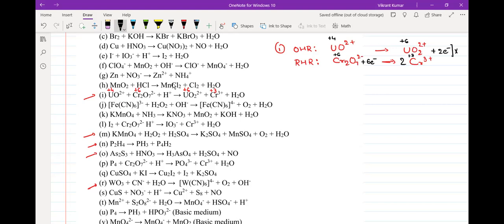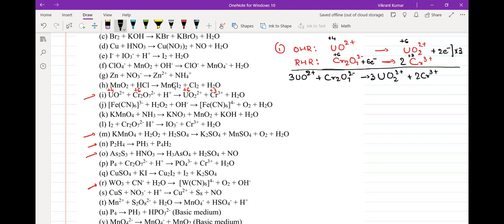So before adding it, I am equating the electrons so that if you add the reaction, I am getting 3UO plus 2 plus Cr2O7 2 minus, and that is giving us 3 UO2 2 plus 2 Cr3 plus.